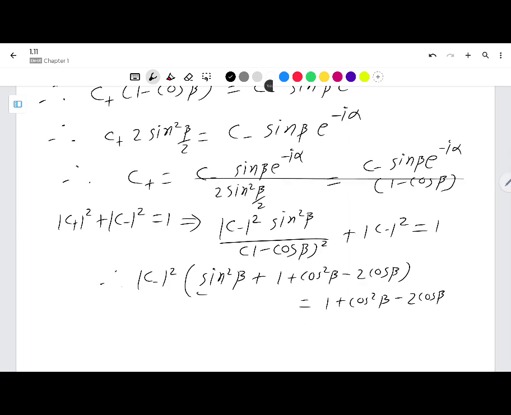This will give us 1 plus 1, 2, C minus mod square is equal to minus 2 plus beta.